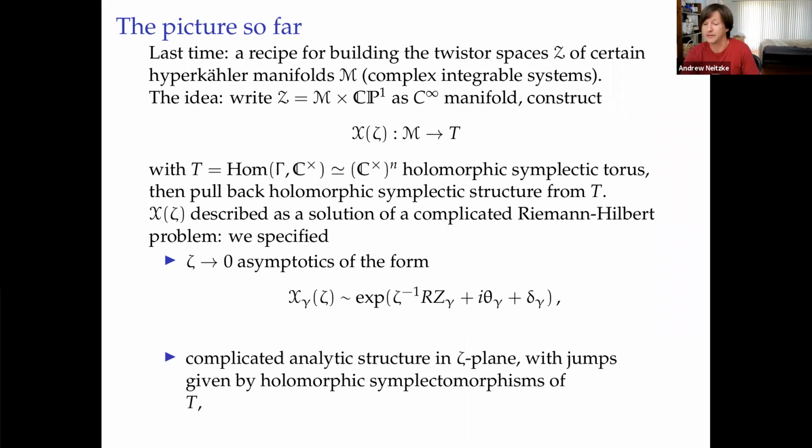Then it was supposed to have a kind of complicated analytic structure in the zeta plane. It wasn't just a holomorphic function of zeta, but rather it had a piecewise analytic structure, where if you fix a point of M and look at how it depends on zeta, it would jump at various rays in the zeta plane. Those jumps were given by some holomorphic symplectomorphisms of the torus.